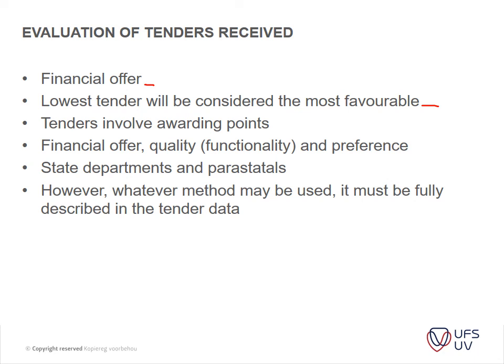Tenders involved awarding points. Okay, this is the preference points that I was talking about, the 80-20 rule. Then the financial offer, quality, financial functionality, and preference is used. And then state departments and parastatals usually use these types of preferential points. However, whatever method may be used, it must be fully described in the tender data.